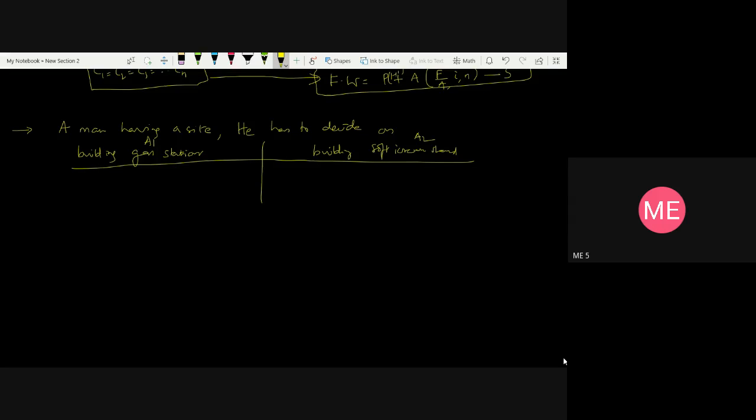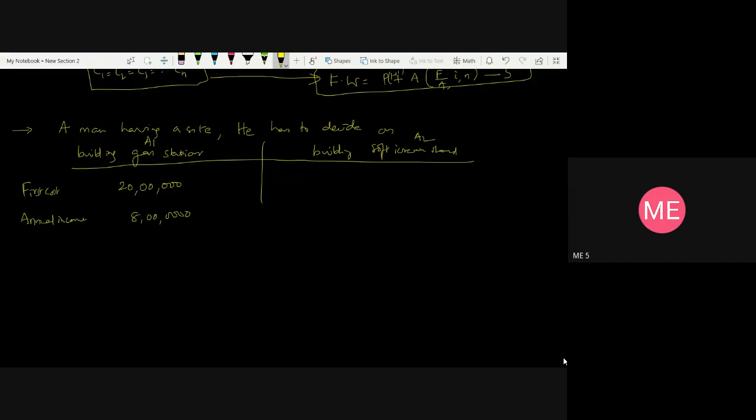So what is the first cost for this? Building a gas station is going to be around, say, 20 lakhs. And then the annual income in this case you'll be getting around, say for example, 8 lakhs.